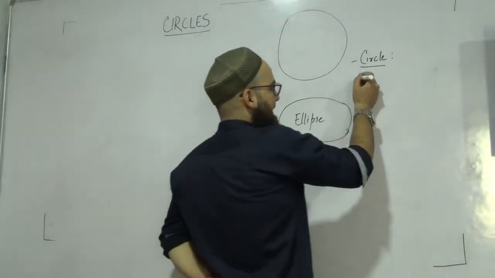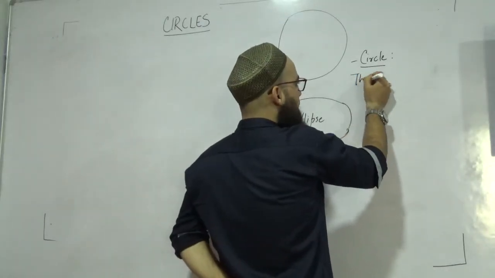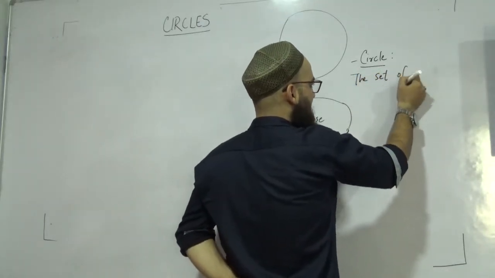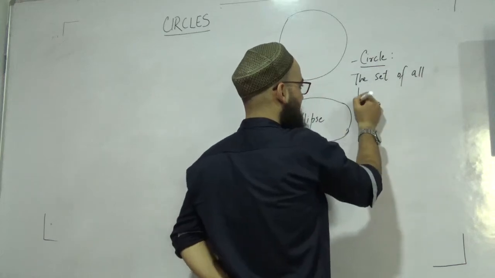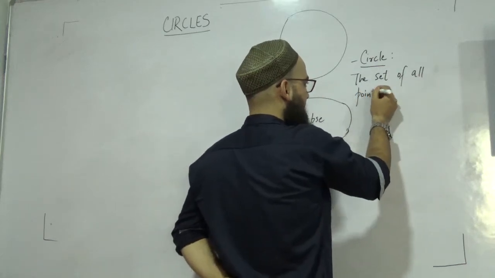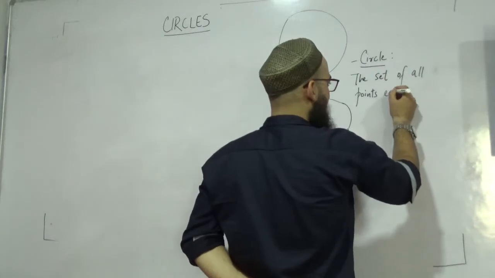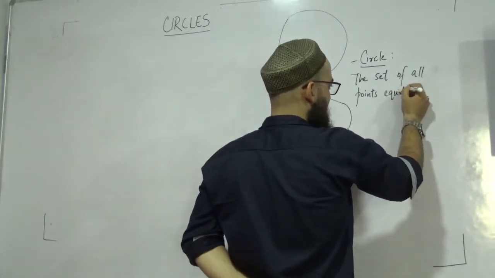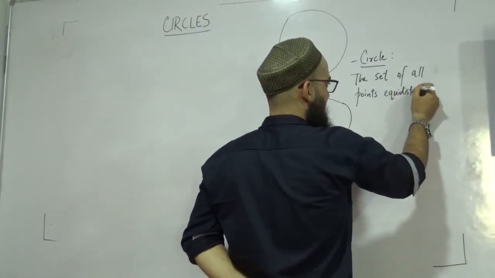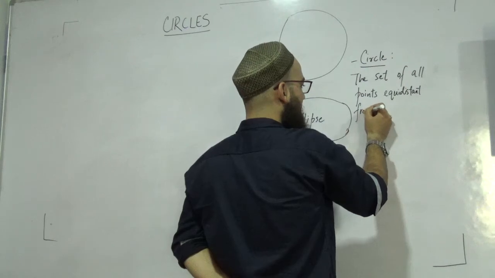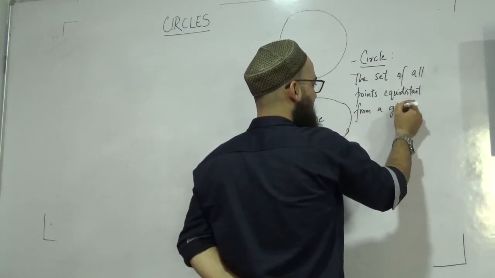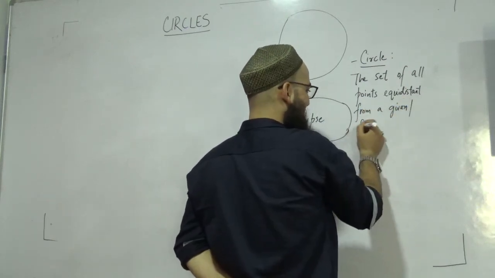Circle is the set of all points equidistant from a given or fixed point.